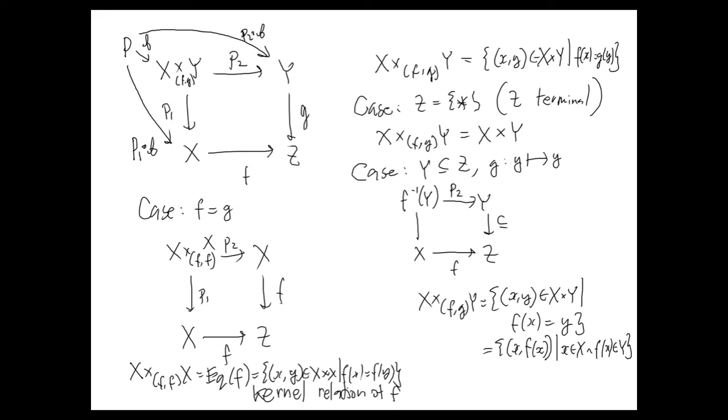And this will be the subset inclusion. So it's all the x's that by f of x are mapped to somewhere in Y. Of course, this is bijective too to the inverse image of Y. In other words, those x's in X such that f of x is an element of Y.